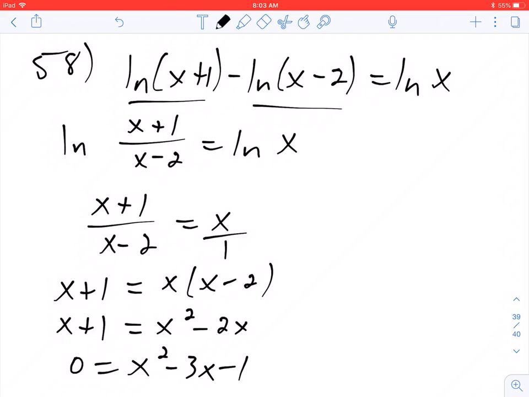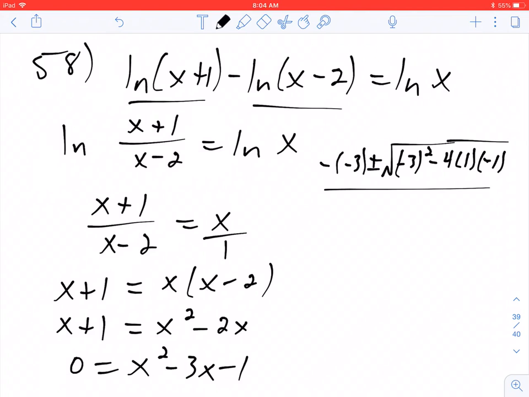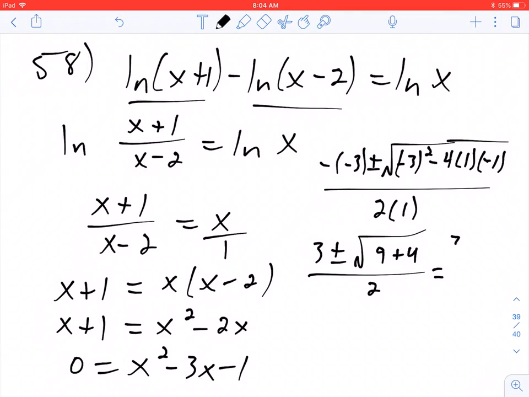It's going to be negative b, so negative of negative 3, plus or minus the square root of b squared minus 4ac, over 2a. That gives us 3 plus or minus the square root of 9 plus 4, over 2. With one more simplification, it gives us 3 plus or minus the square root of 13 over 2.